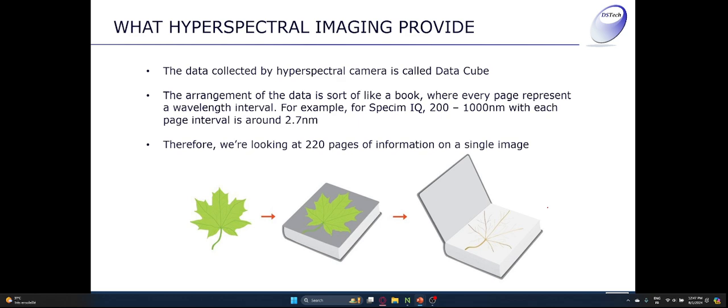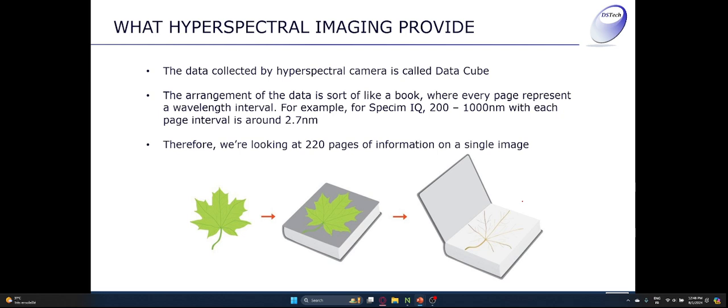Each book here is a specific wavelength, so each wavelength will be one page. If you have 200 pages, meaning you have 200 wavelengths of data. So that's how big it is. This is what kind of data hyperspectral provides.